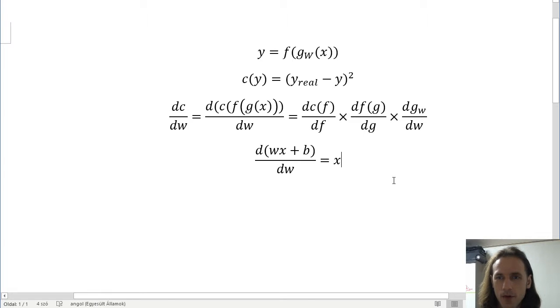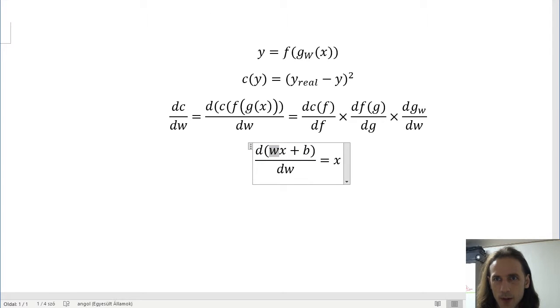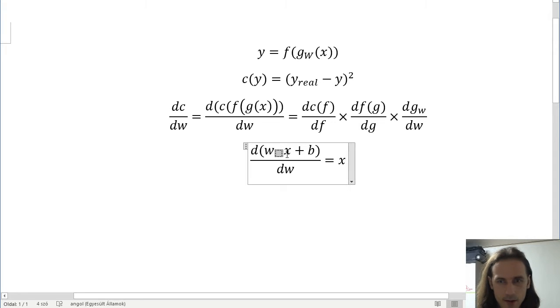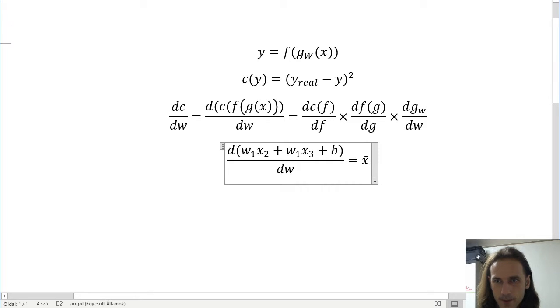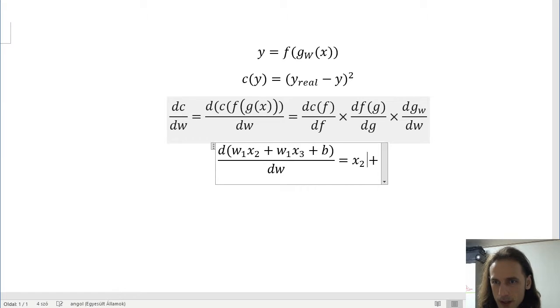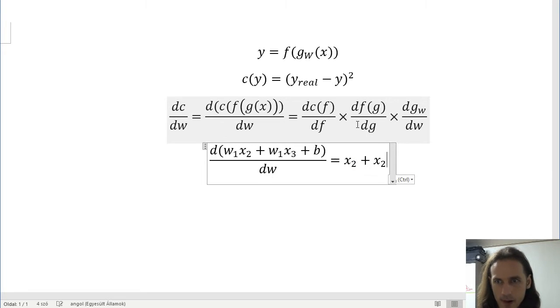Of course, we will have more complicated cases, like weight 1 multiplied by x2, and then in other parts the same weight 1 multiplied by x3, so it will be x2 plus x3.